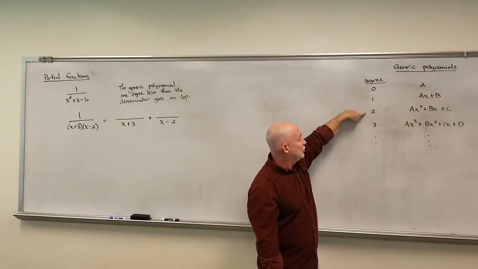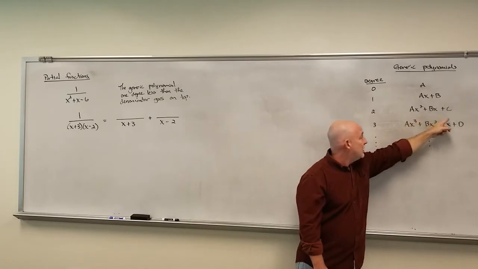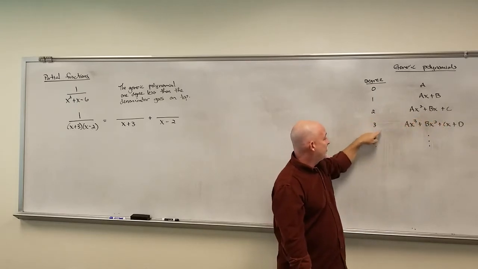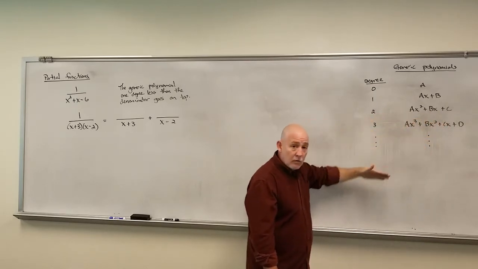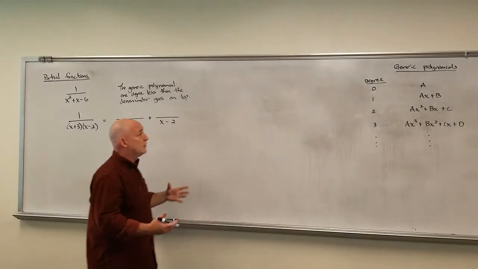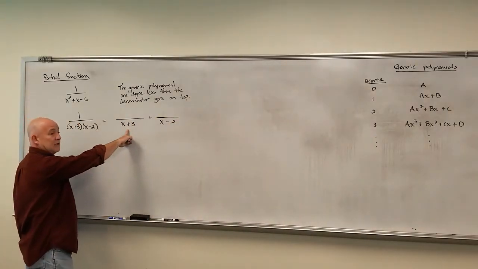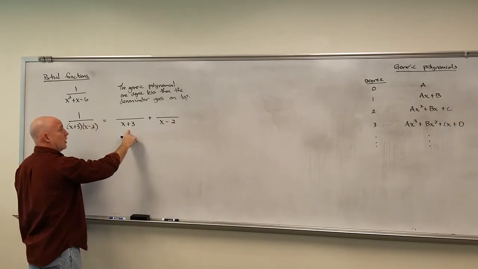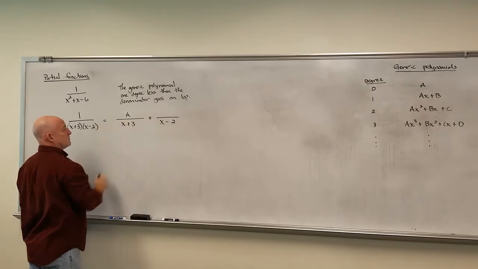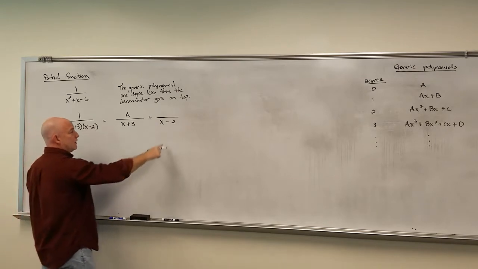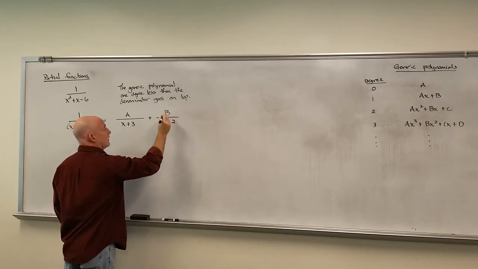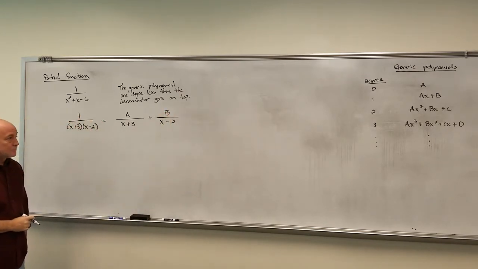If it's degree 2, means quadratic, that's the generic polynomial. Third degree or cubic, that's the generic, and so on and so forth. So we just put the generic polynomial of 1 degree less on top. So since this is a linear factor, 1 degree less would just be a constant, so I'm going to put an a up there. Over here, this is linear, so 1 degree less is a constant, so I'm going to put a b up there.